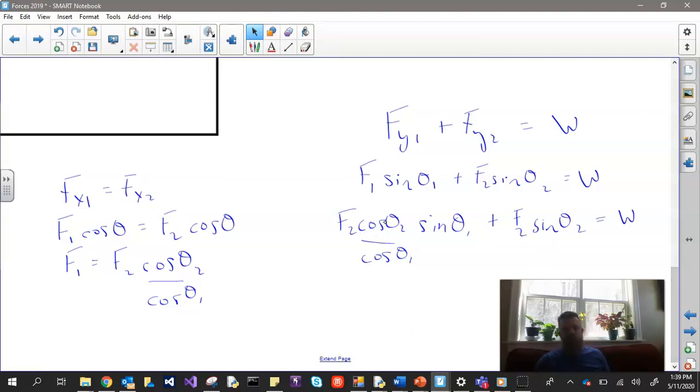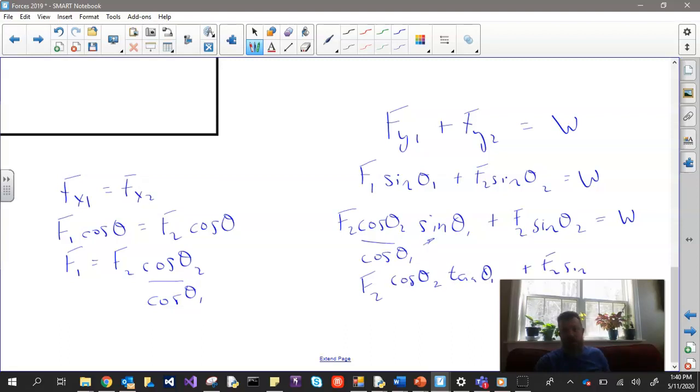I can put all my numbers in, so I can put these values in. You can go one step further. You can do it this way if you want. This would be cos theta 2 tan theta 1 because of these two together, plus f2 sine theta 2 equals w.